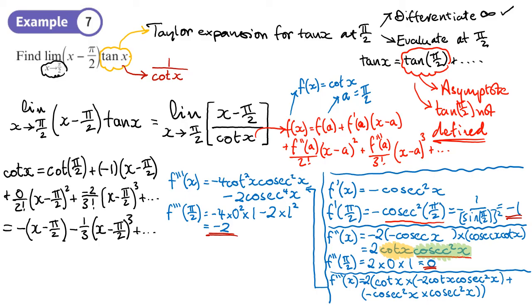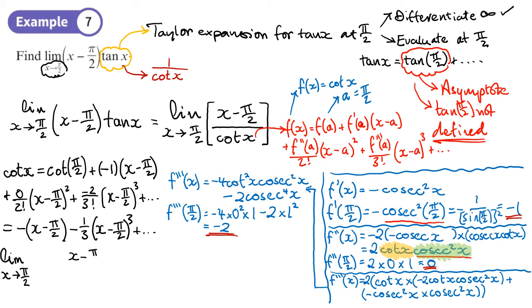Right, after all of that, we can go back actually to the original question, which was evaluating a limit. And remember, the reason why we couldn't evaluate this limit was because we could not write a Taylor expansion for tan at pi over 2. So we did it as cot. So what do we have at the numerator?